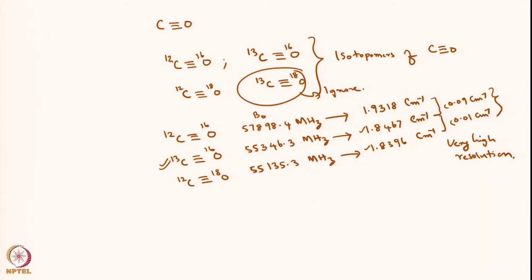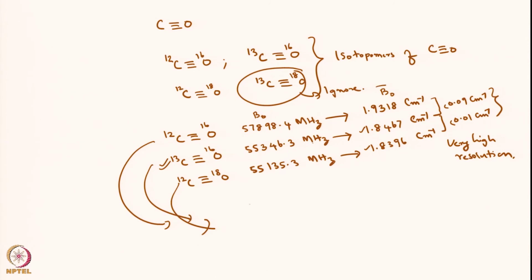Now, I can use this data to convert. I know the values of B naught; these are B naught in centimeters. By the way, when you have it in centimeter inverse, it is also called B naught bar. So, I have this in megahertz and also in centimeter inverse.